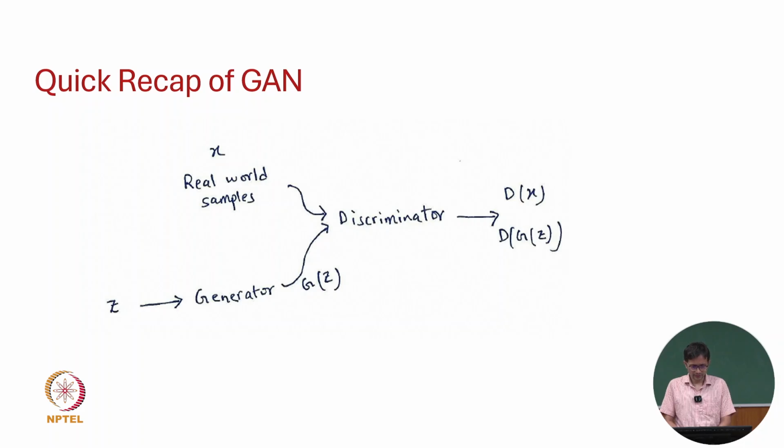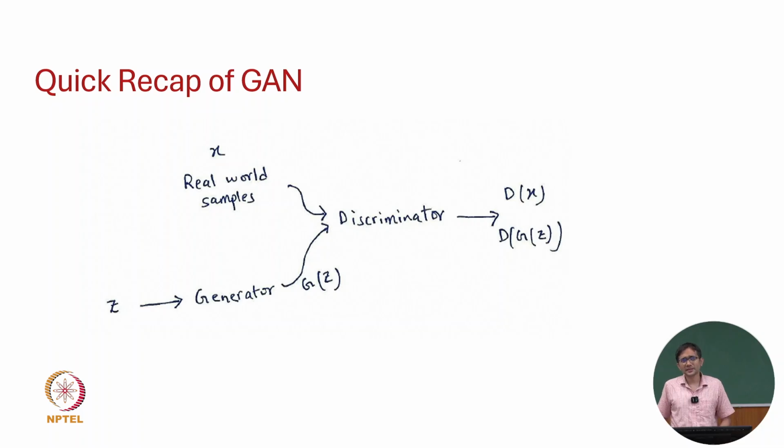We said that given, let's say, Z, a latent vector, we have this generator which is producing G(Z), which we expect, in the training process, at some time to become indistinguishable from our real world sample X. In addition to the generator, the architecture also consists of a discriminator, which takes either X or G(Z) as input and tries to distinguish.